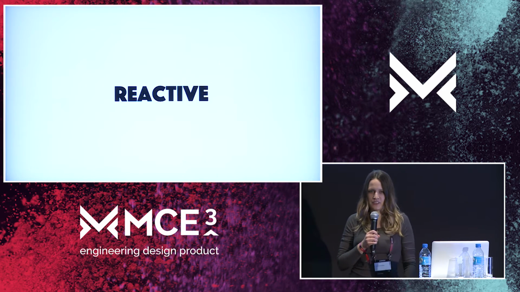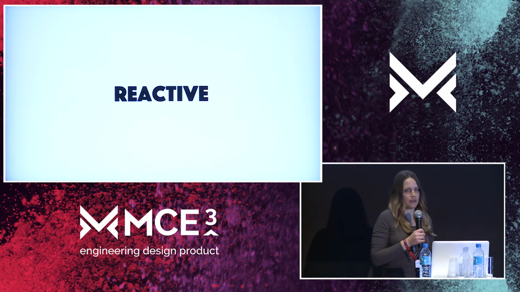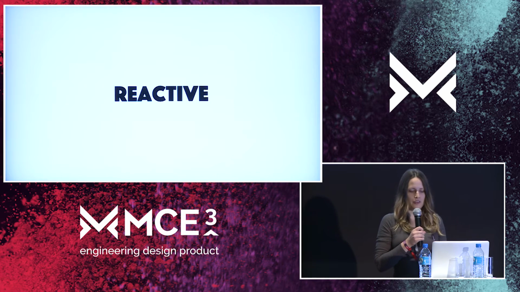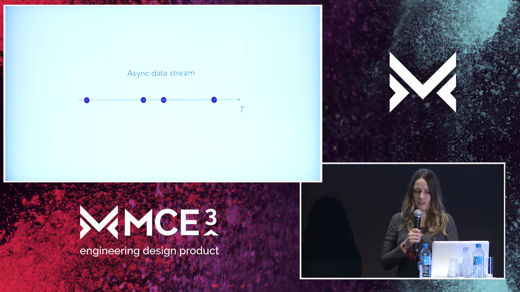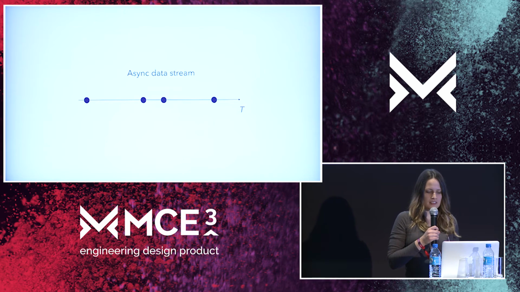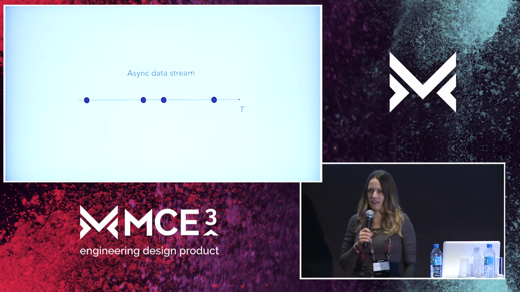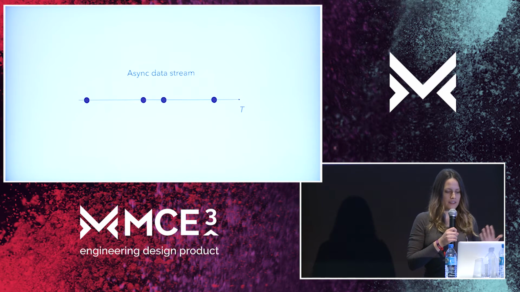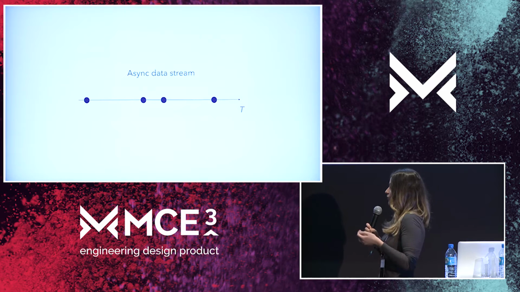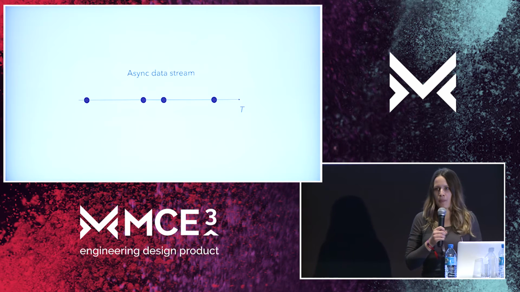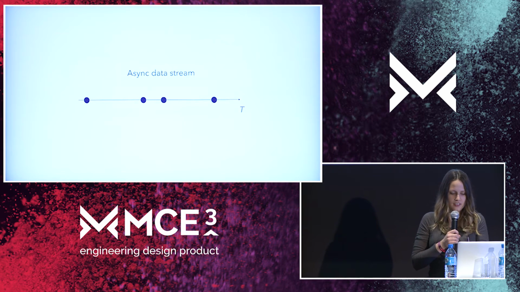But let's start with what is reactive. Reactive is when you build up your application by the composition of your async data streams. And a data stream can actually be anything that changes over time. For example, data on this stream can be button clicks or strings or anything.